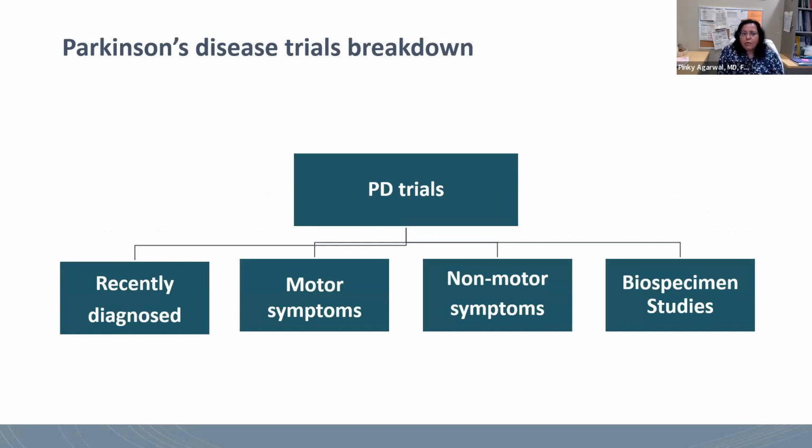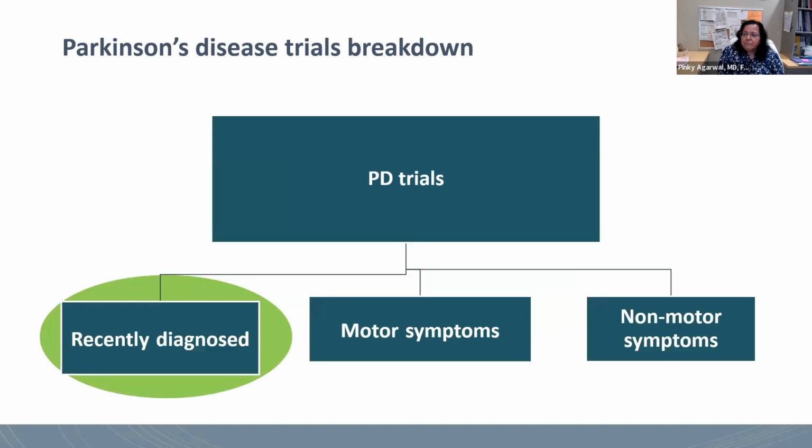Typically, your overactive bladder symptoms will fall in the non-motor group. And sometimes there are just biospecimen collection studies. Even if you were to just donate your biospecimens like blood or urine, it does help contribute to the understanding of the condition.